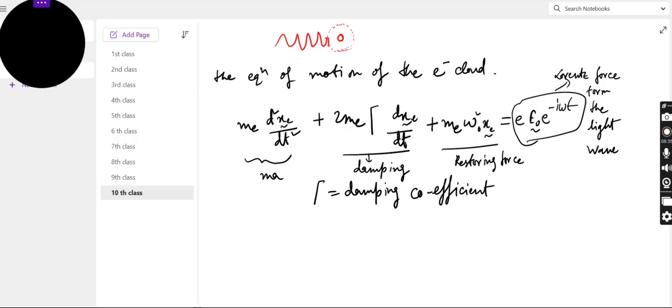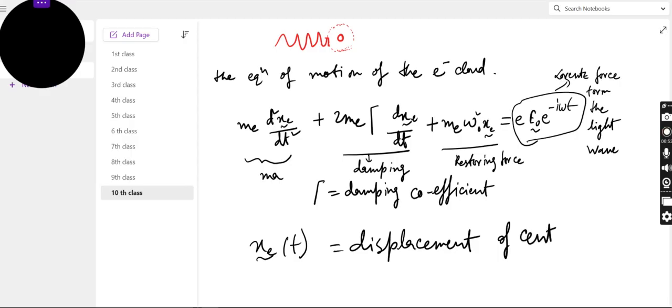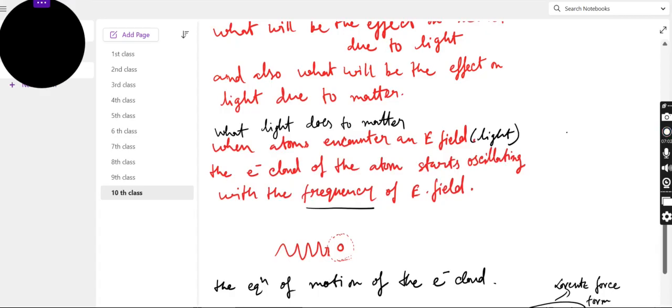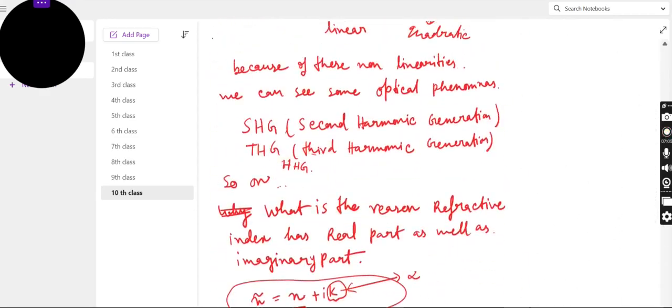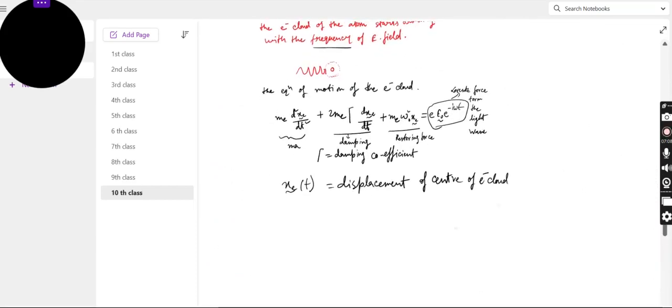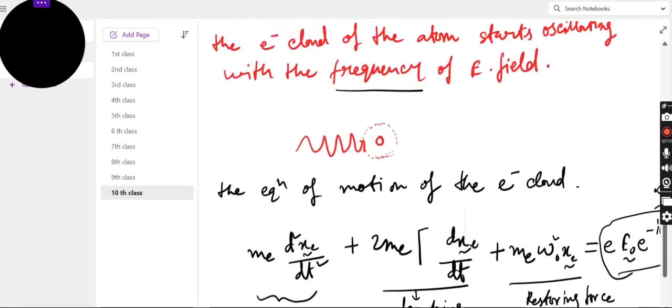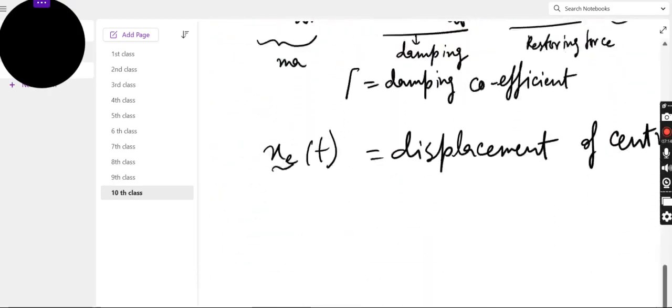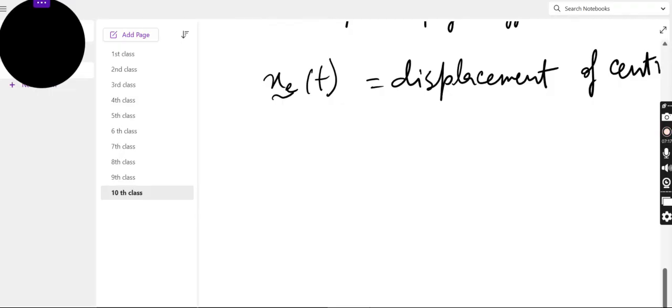After solving this equation, x_e(t) is the displacement of the center of the electron cloud.